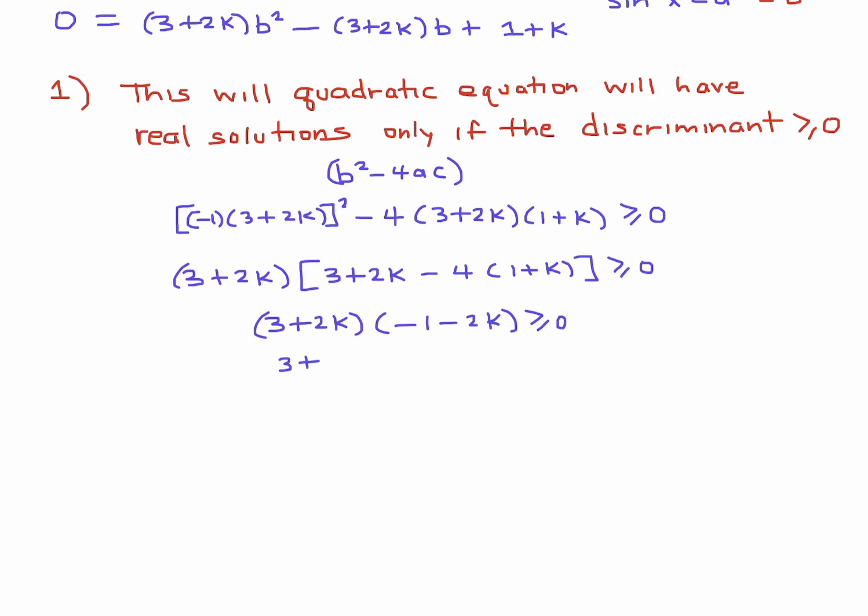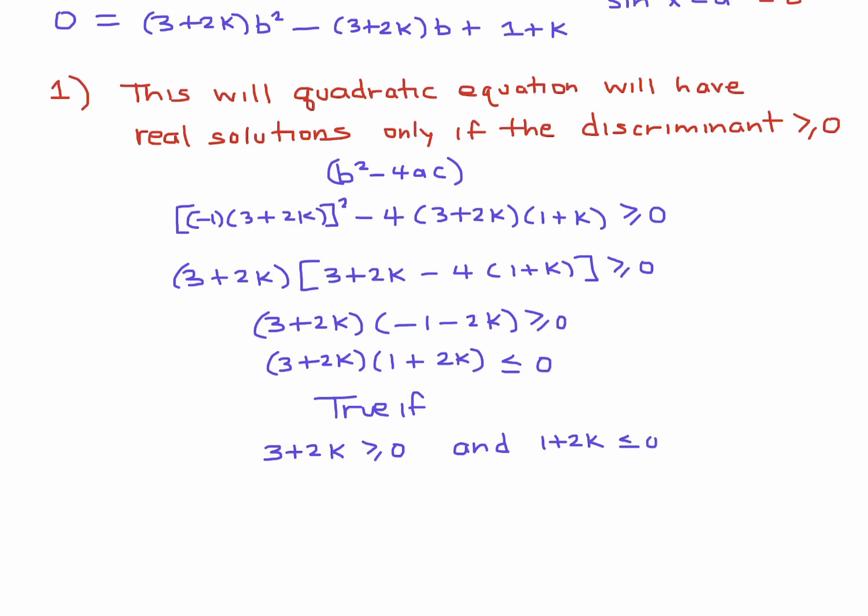And I think this will just become (3 plus 2k) times (1 plus 2k) less than or equal to 0. The negative is going to flip the inequality, because you have to factor out that negative. Now, this is going to be true if 3 plus 2k is greater than 0 and 1 plus 2k is less than or equal to 0.